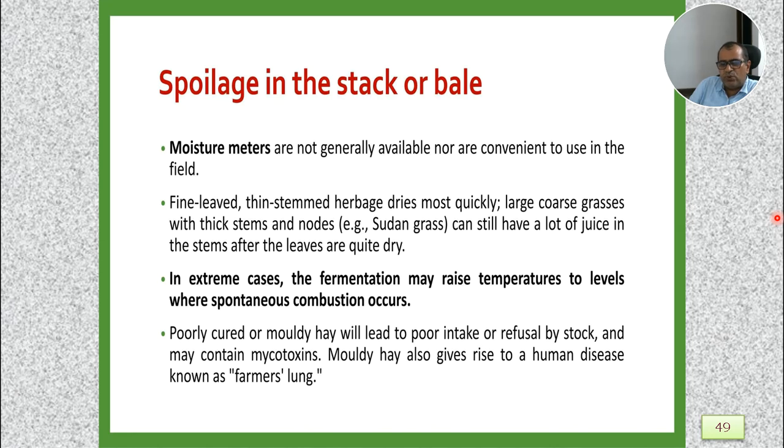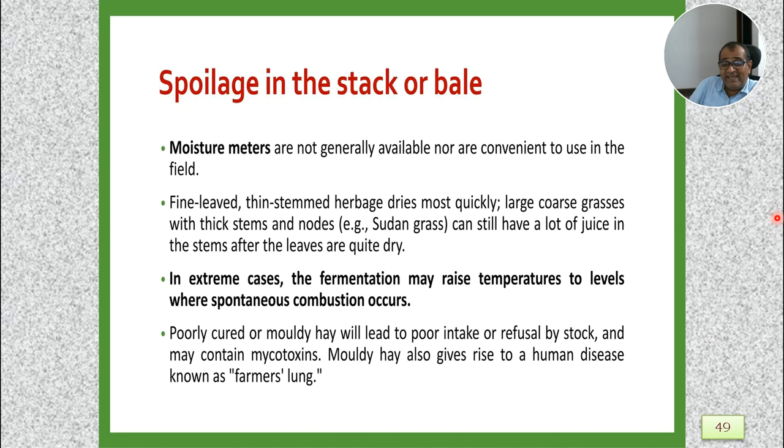In extreme cases, fermentation may raise the temperature to levels where spontaneous combustion takes place. Poorly cured or moldy hay may lead to poor intake or feed refusal by the cattle and may contain a lot of mycotoxins.